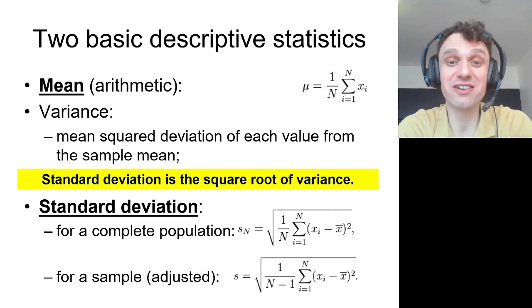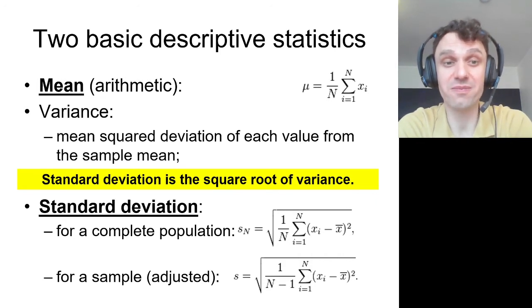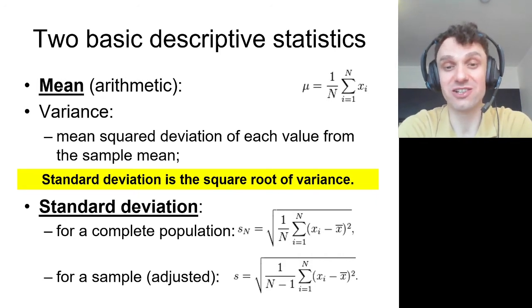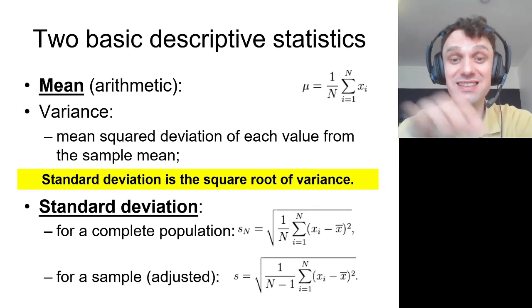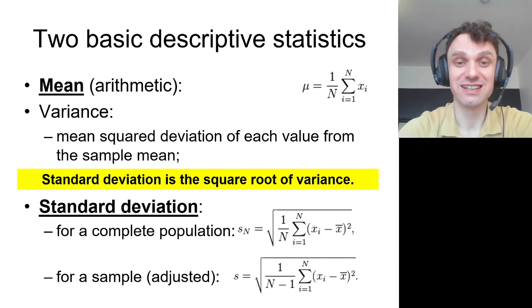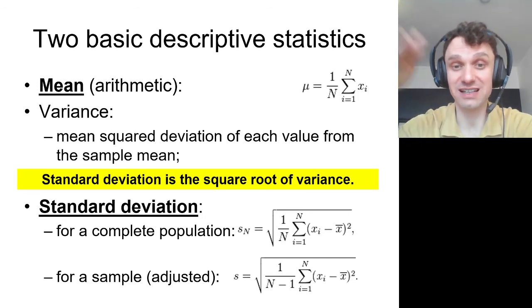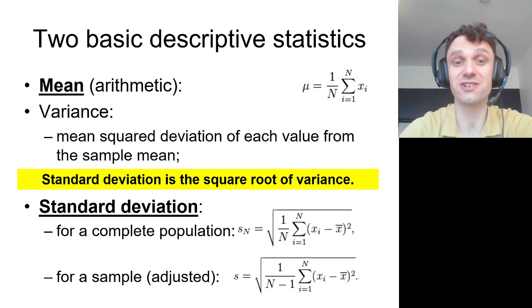Standard deviation is the square root of the variance. And variance is the mean squared deviation of each value from the sample mean. So you measure each person's height, you calculate the difference between this person's height and the average height in your room, and then you square this difference, you sum up all those squared differences, and you divide them by the number of individuals in your room.